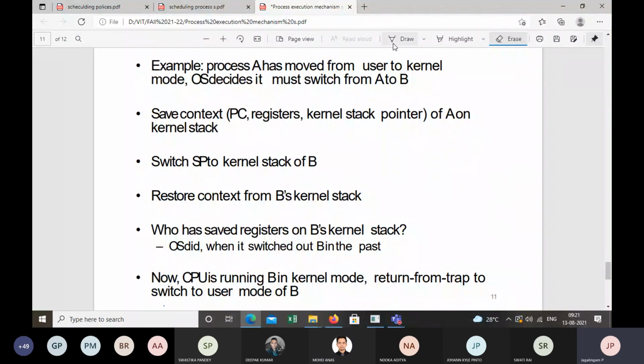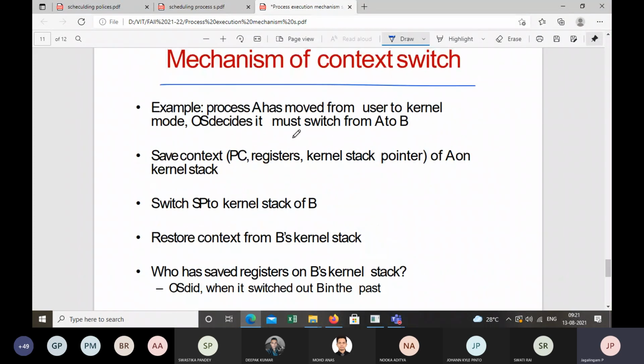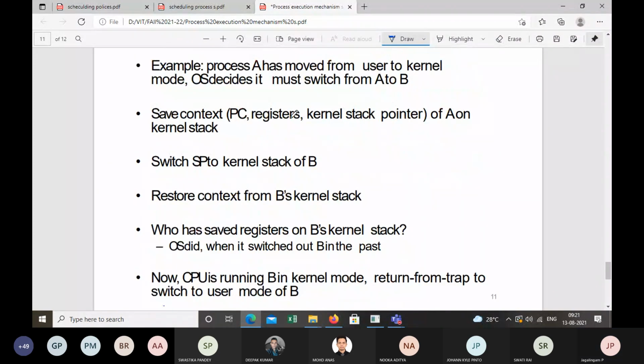Okay. Now let me tell you what we discussed. I hope you all know this. You have the CPU, you have user mode, and you have kernel mode. In the user mode, you have a memory image for process A, and a memory image for process B, process C, process D, and so on.